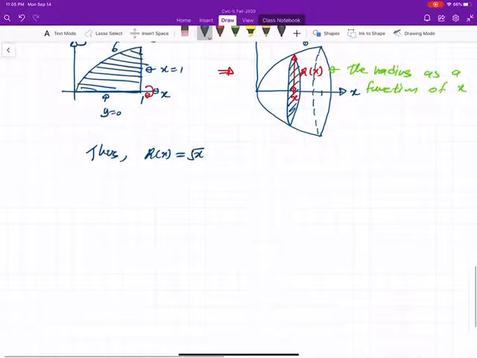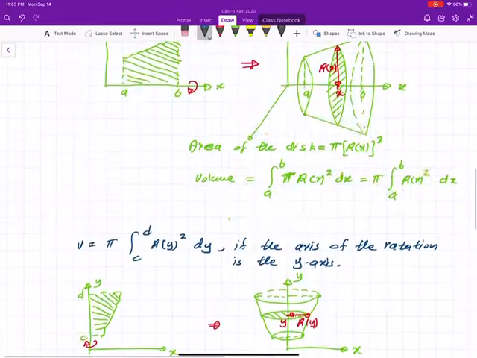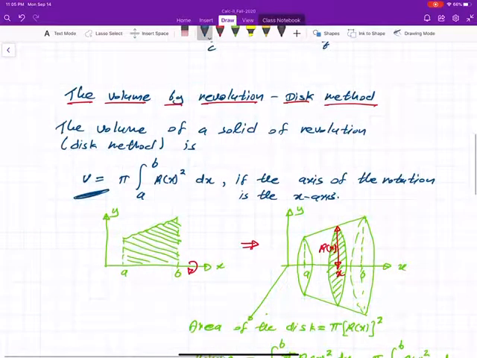All right, so you know the radius. Now it is very simple. You just have to plug this r of x into the formula. This is the formula that you have. You have to plug that into that formula.